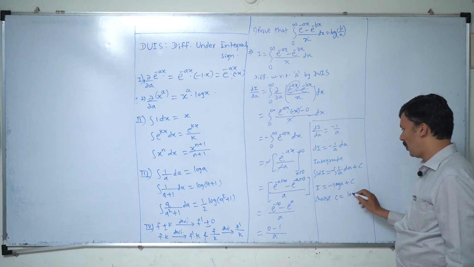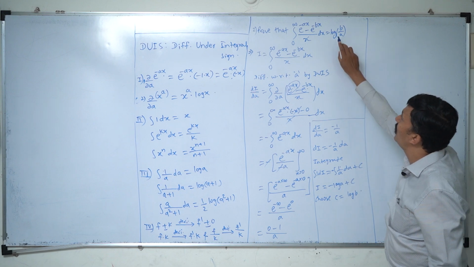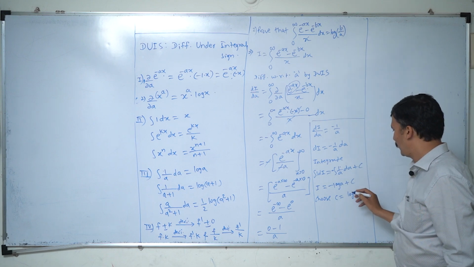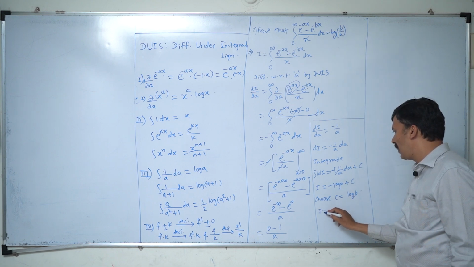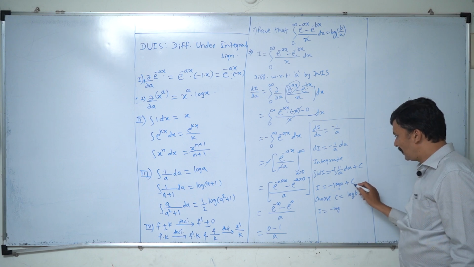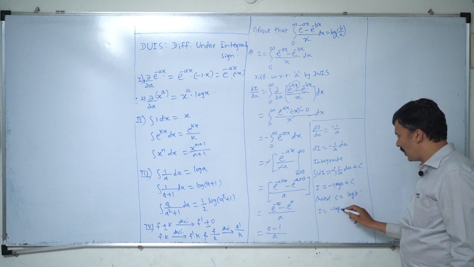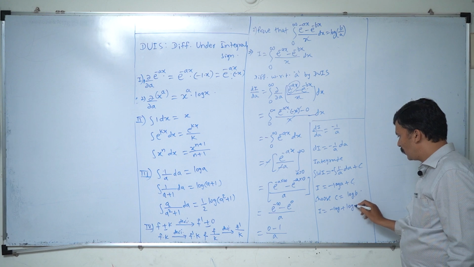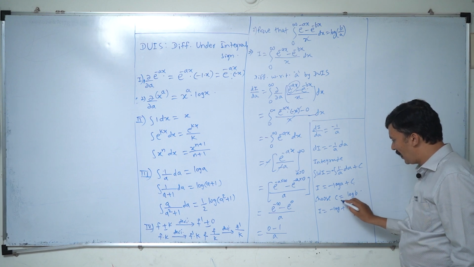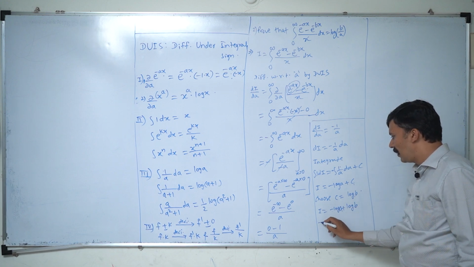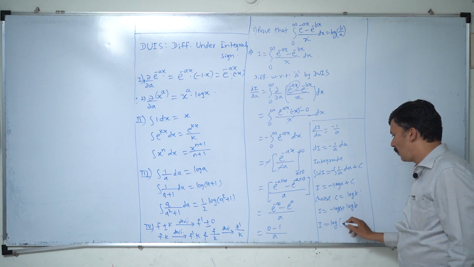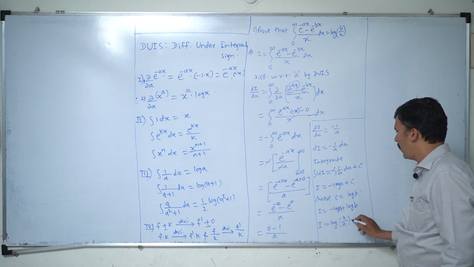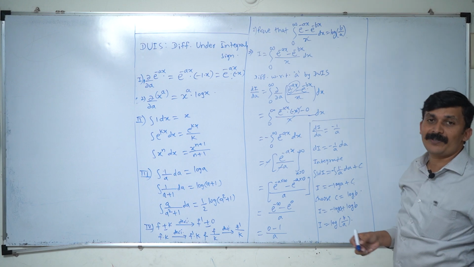Choose c equals log b because we want log of b upon a. c is an arbitrary constant, you can choose any one value. So plus log b minus log a is log of b by a. This is the required answer.